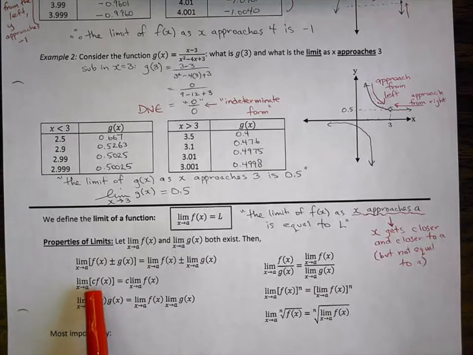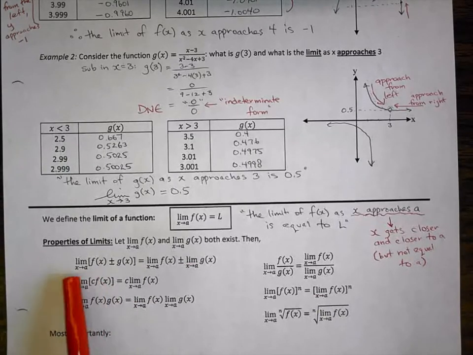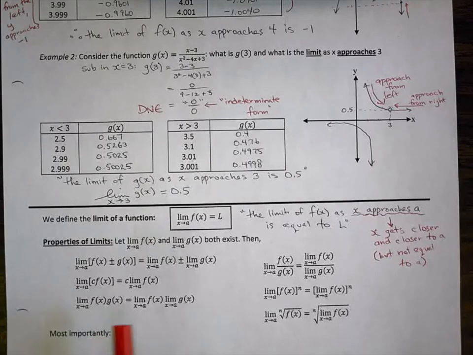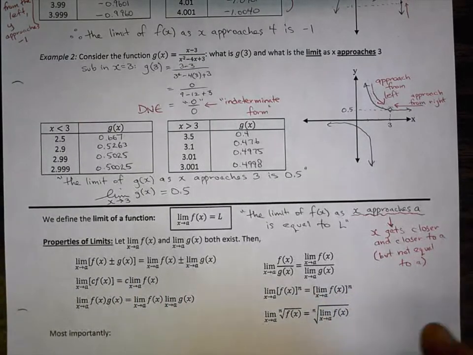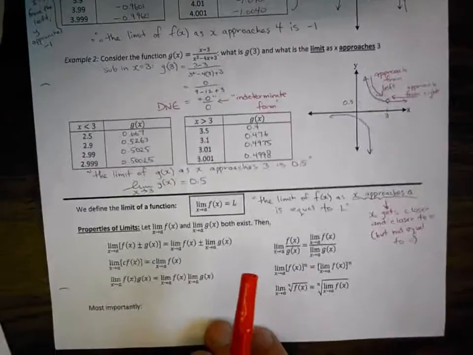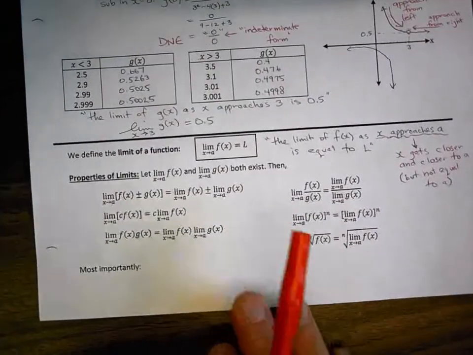If you have a constant multiplied by a function, you can factor the constant out and just take the limit of the function. For the limit of two functions being multiplied, you can multiply the limits of each separately. Similarly for division, exponents, or roots. Don't worry too much about these. Just know that limits behave pretty similarly to other things we learn in math.